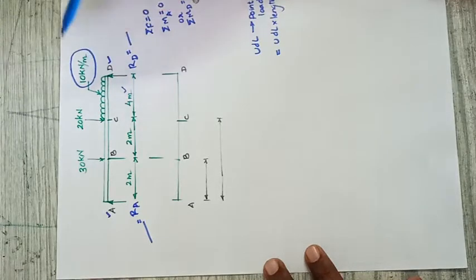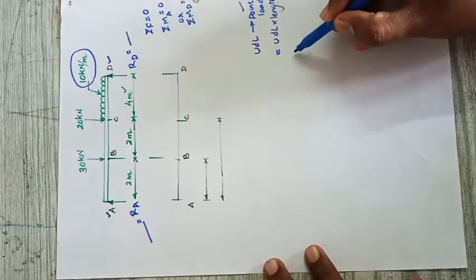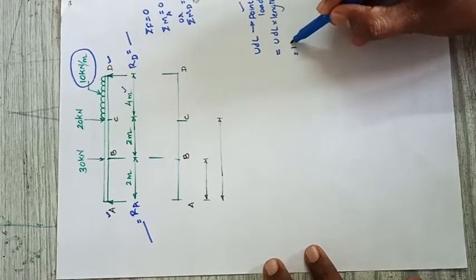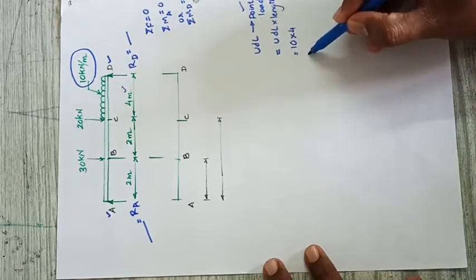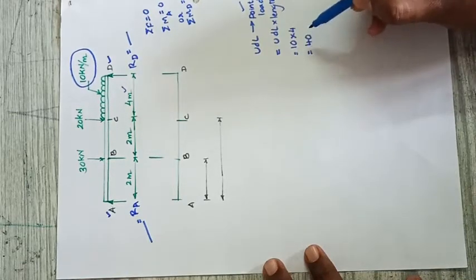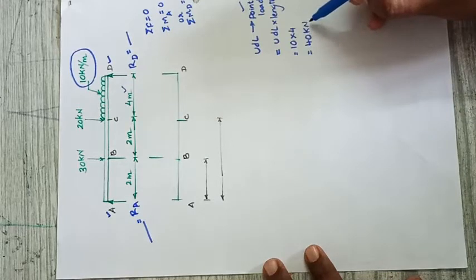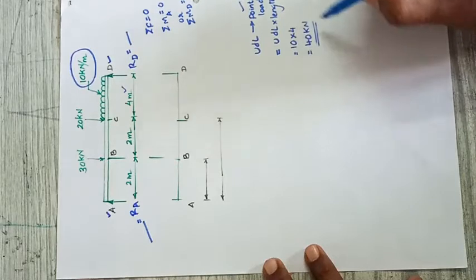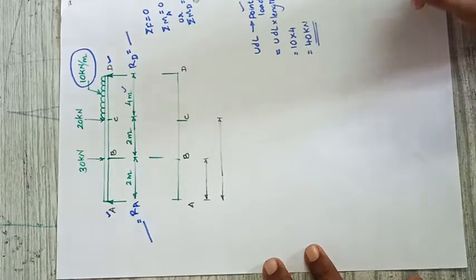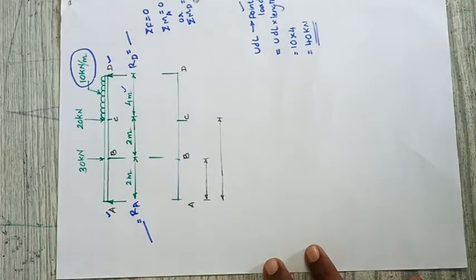So the magnitude of this point load is 10 into 4, which is 40 kilonewton. The point load is 40 kilonewton, converted from the UDL.